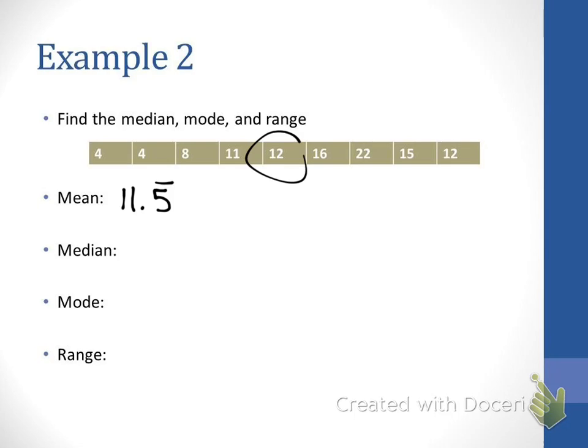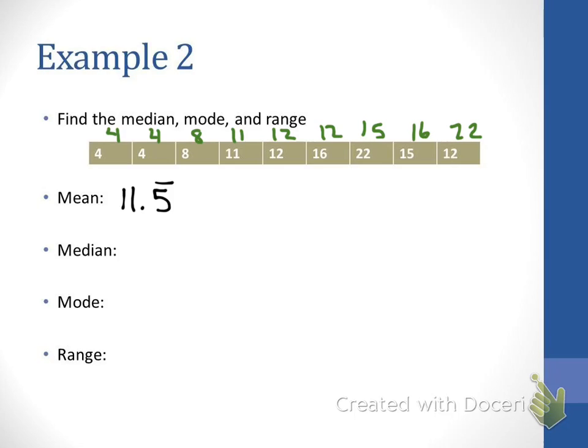What do I need to do first before I can tell my median? I need to put the numbers in order, least to greatest. So I've got 4, 4, 8, 11, 12, 12, 15, 16, and 22.